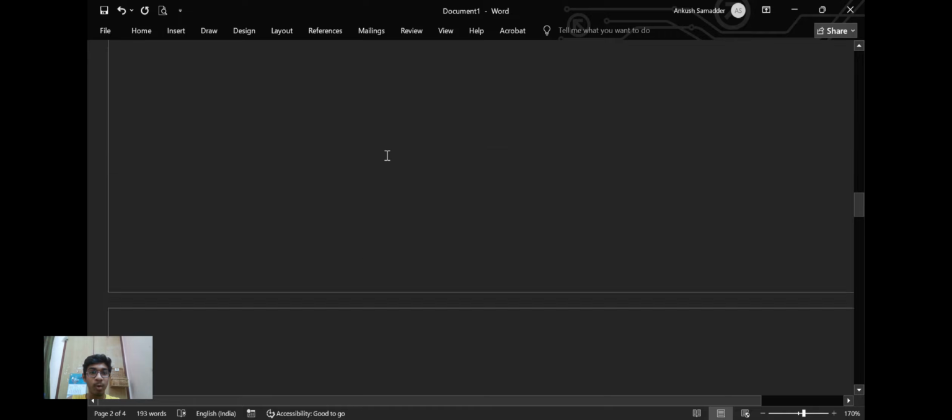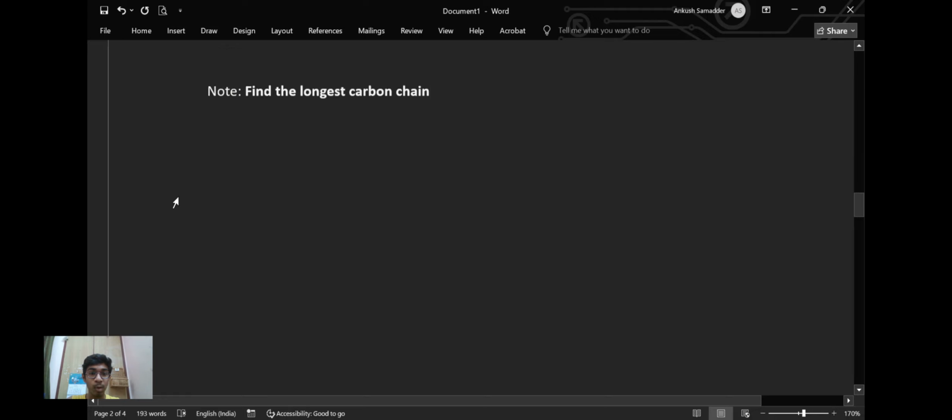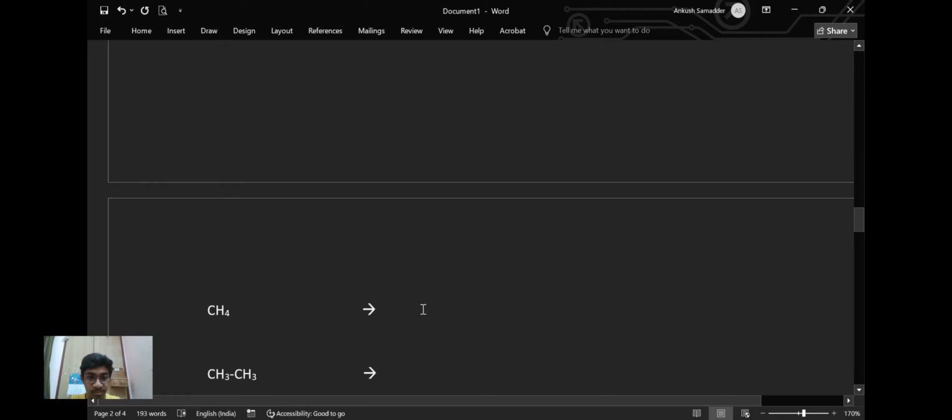So from all these things that we have learned, let's do some nomenclature, right? Here as you can see, CH4 is there. What does it mean? Carbon has a valency of 4.